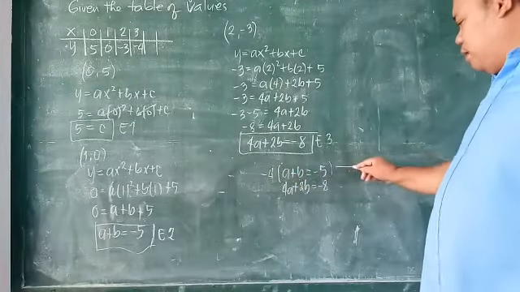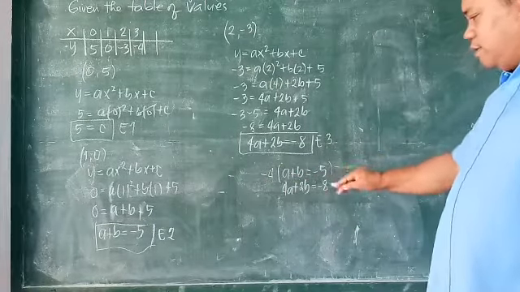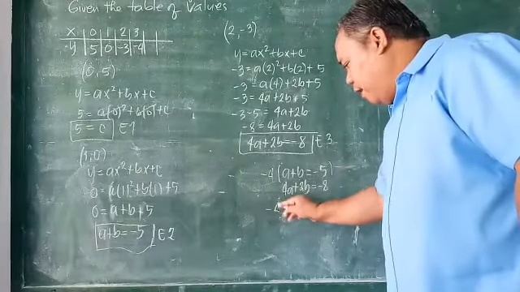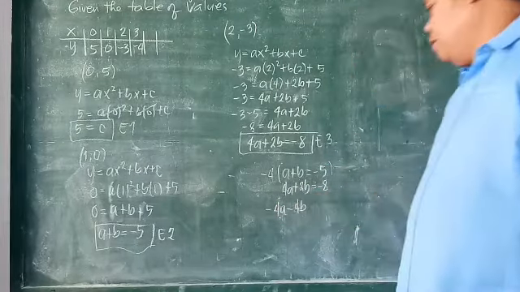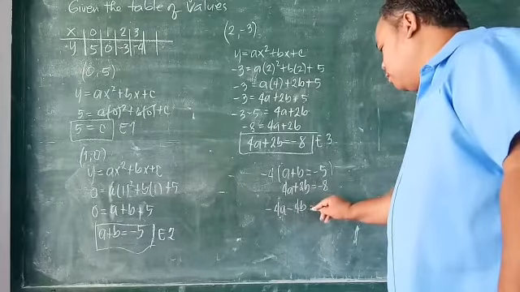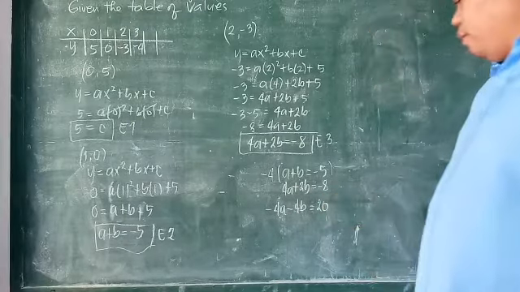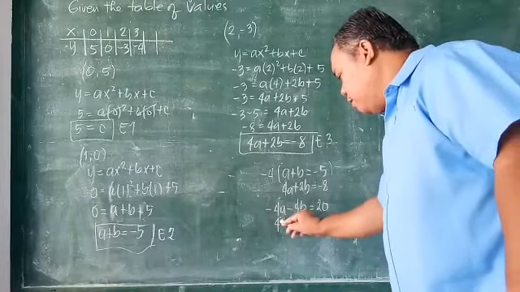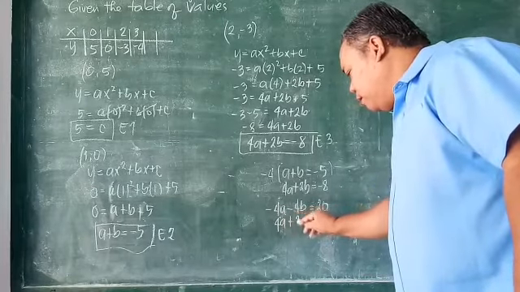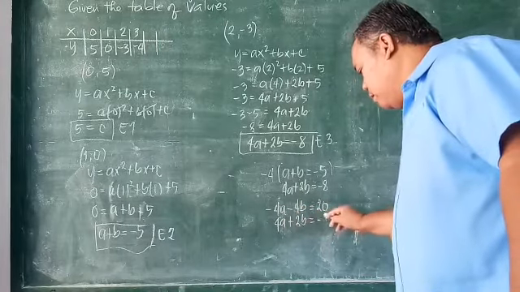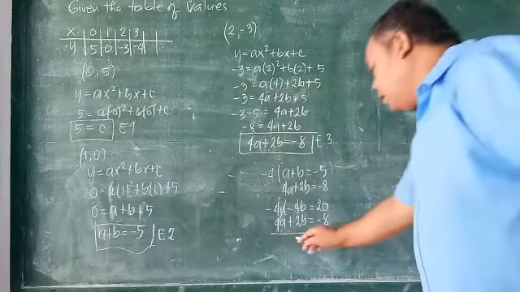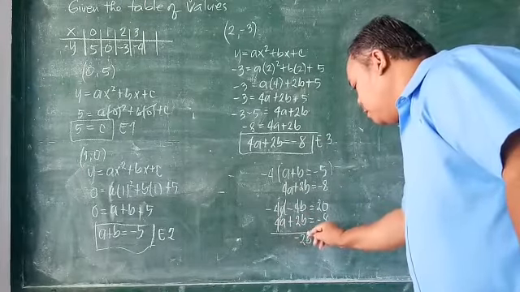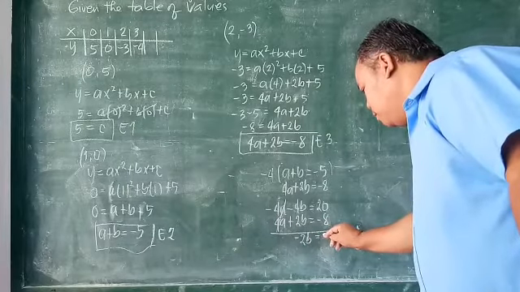So this can be written as negative 4a minus 4b equals 20, and the lower part is 4a plus 2b equals negative 8. All we have to do is cancel the a terms. This gives negative 2b equals 12.